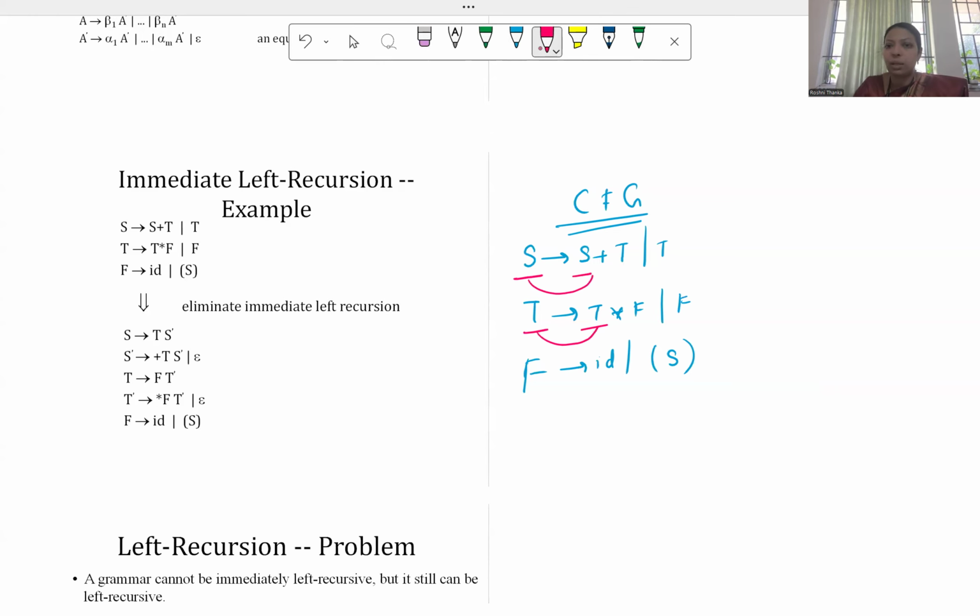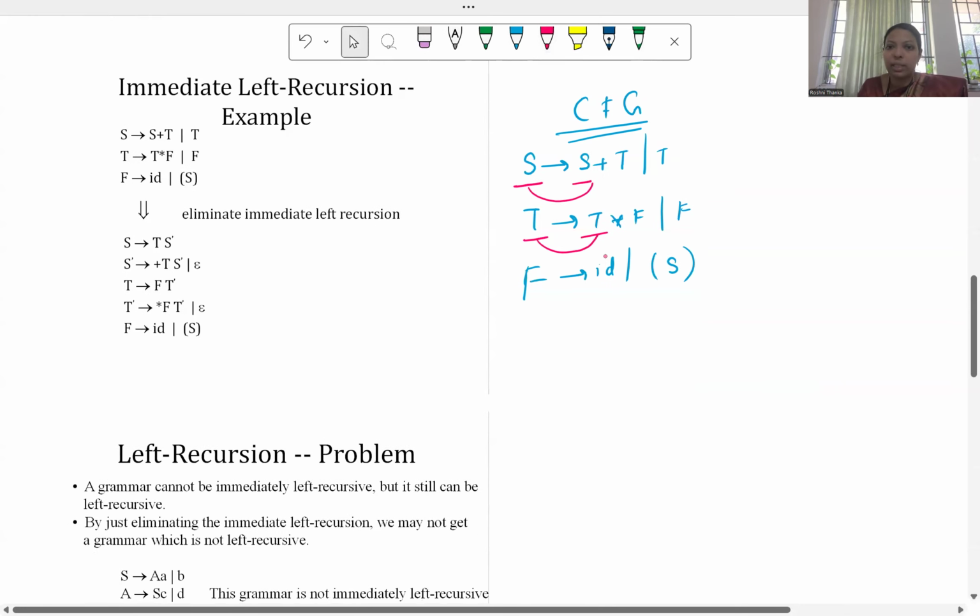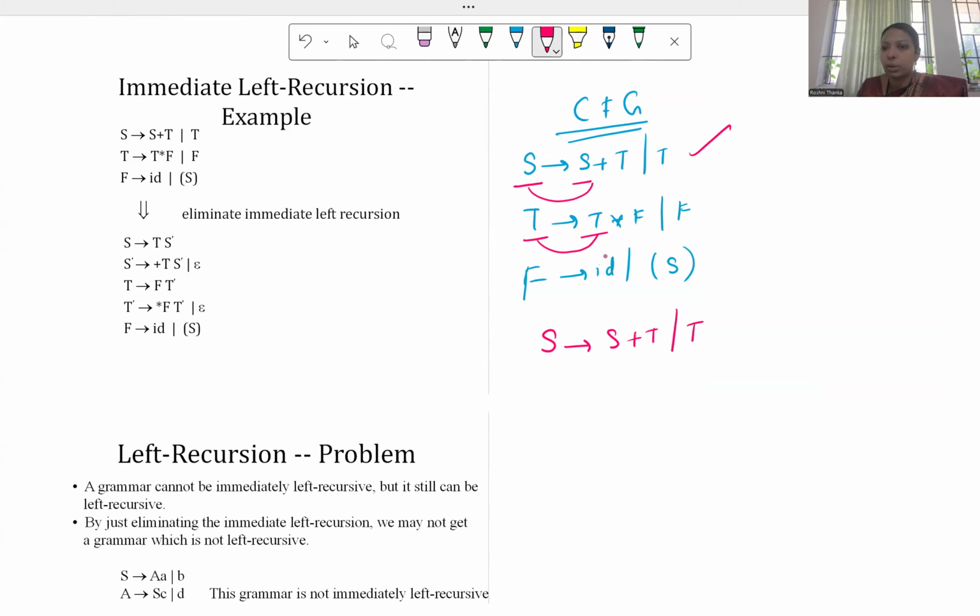So let us go one by one. First, let us take the first production, S tends to S plus T. According to the rule, A tends to A alpha beta means A tends to beta A dash, and this A dash will be alpha A dash epsilon, right? This is the rule.